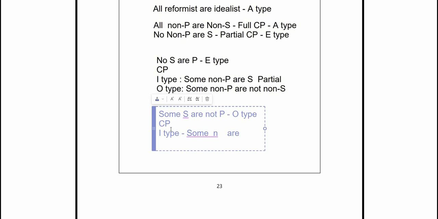The predicate of the original is not-P. Now we are converting to I, so the not will go away. It becomes: some non-P are S. So this is the I type.